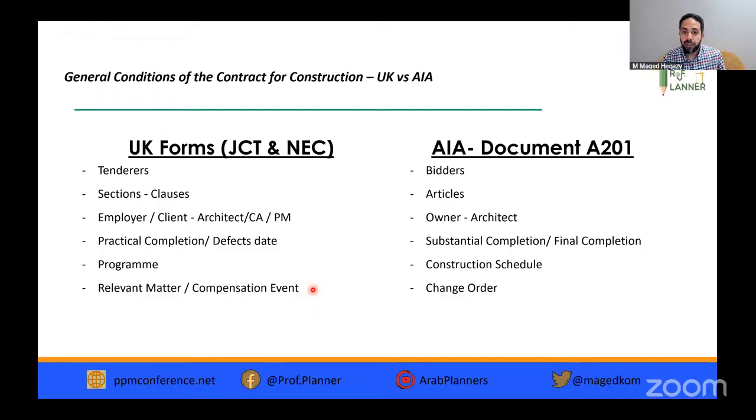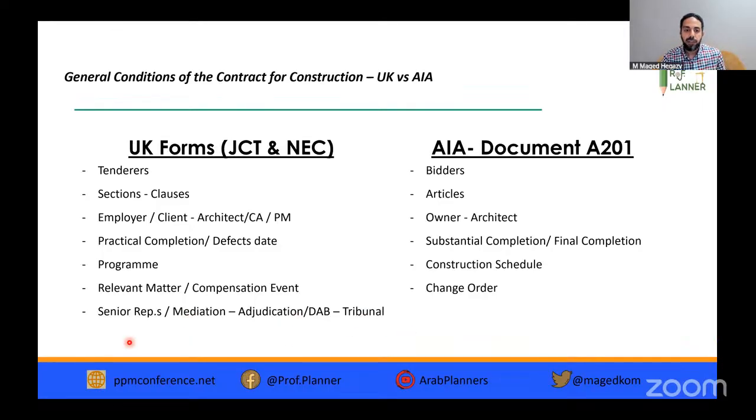If you use FIDIC, you will say variation order. If you use this AIA form, you will use change order. If you are using JCT, you will use relevant matter for the cost or payment and relevant event for the extension of time. In disputes, we go to senior representatives, mediation, adjudication, dispute avoidance, or tribunal.